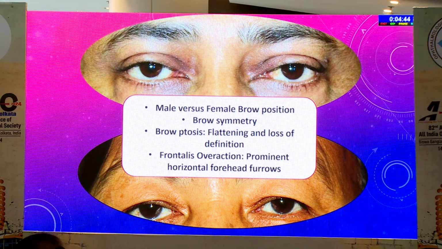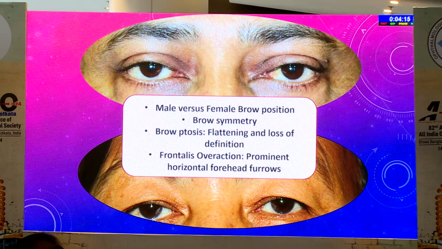The normal male brow lies along the superior orbital rim and is relatively flat, whereas the female one lies slightly above the supraorbital rim, the highest point being located laterally, at about the level of the lateral limbus. Why is this important? Because in any aesthetic treatment the patient is undergoing, we must try to restore normalcy and not give a surprised look.